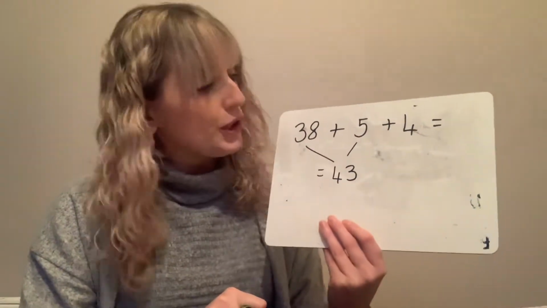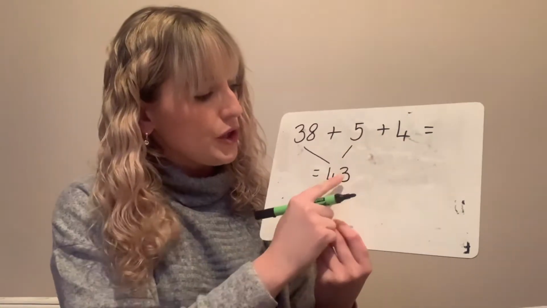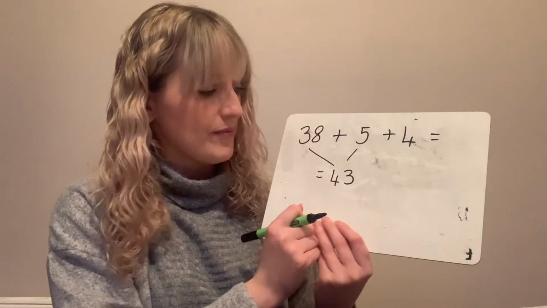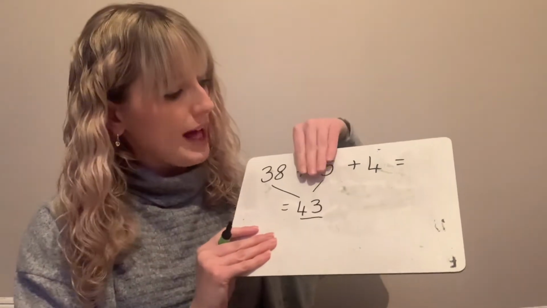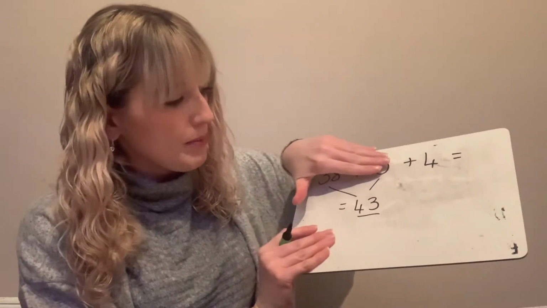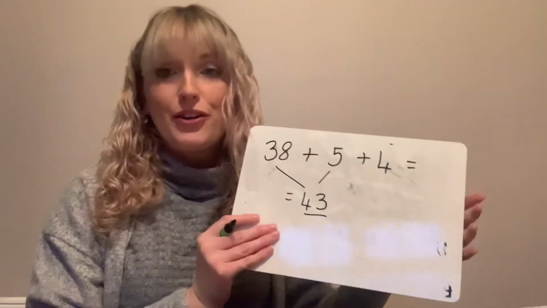But that's not all of my number sentence. So now I need to add 4 to 43. Okay, so I've already got 43 now, so I can cover that part of my number sentence up. So I've got 43, add 4.